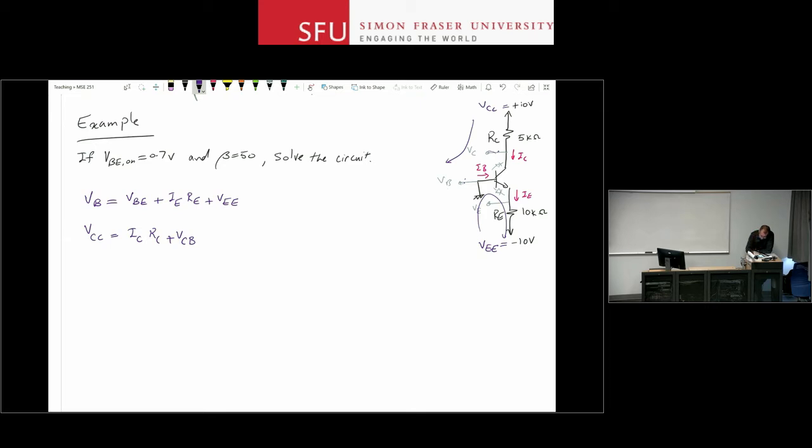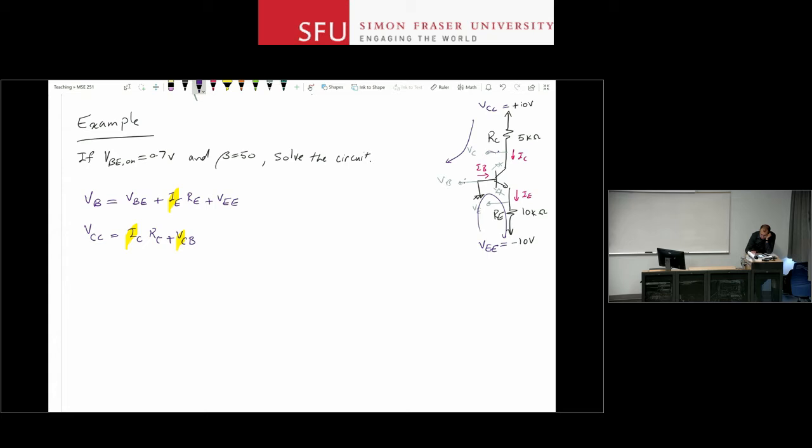Okay? So these are the two KVLs that I have. And then I noticed that if I look at this circuit, I don't know VB, well, I know VBE because I'm going to assume that the device is on. I don't know IE, IC, or VCB. None of these I know. VB I know is 0.